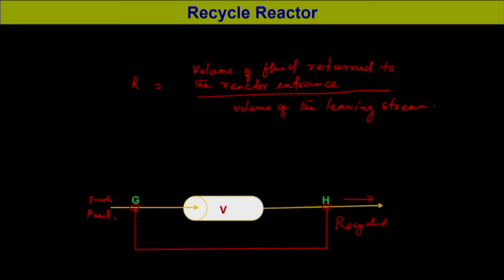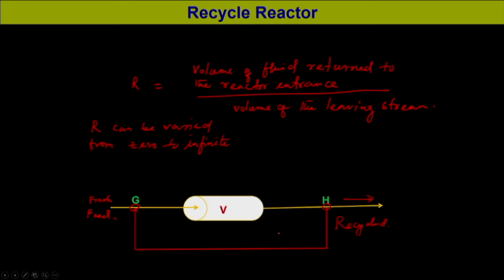It can be thought of to vary the recycle ratio from 0 to infinity. That means R can be varied from 0 to infinity.